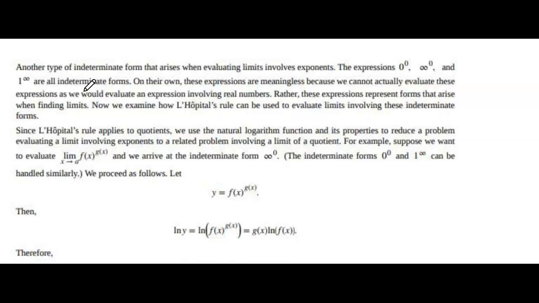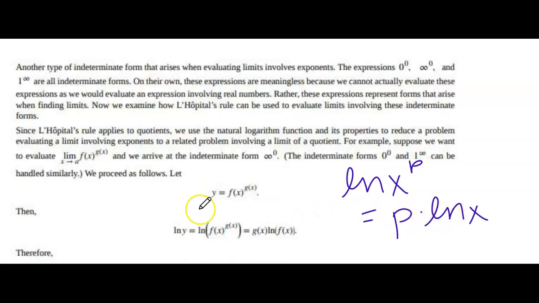Okay, so one thing that we're going to do is we're going to get really fancy here with logs. Remember, there's the log rule that log of x to a power p is the same thing as p times the natural log of that function. And so you can see what we're going to end up doing here.